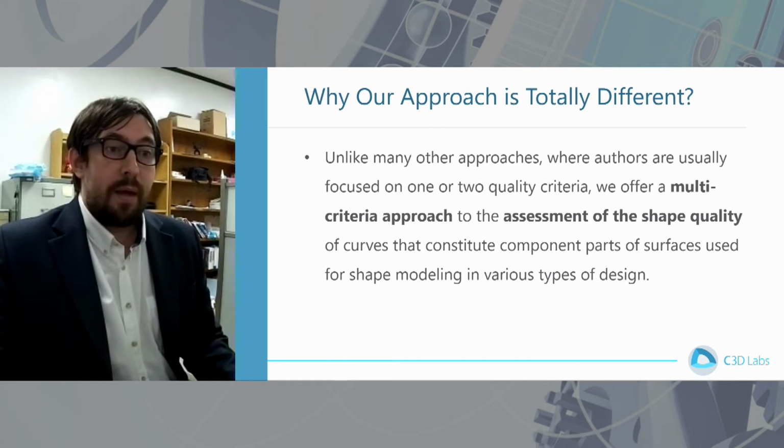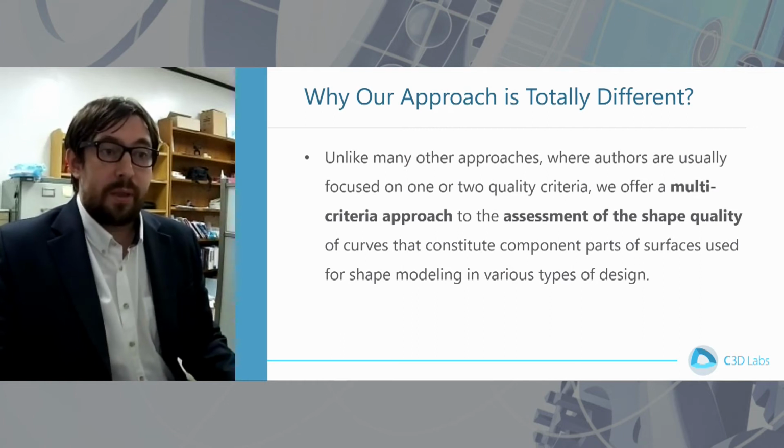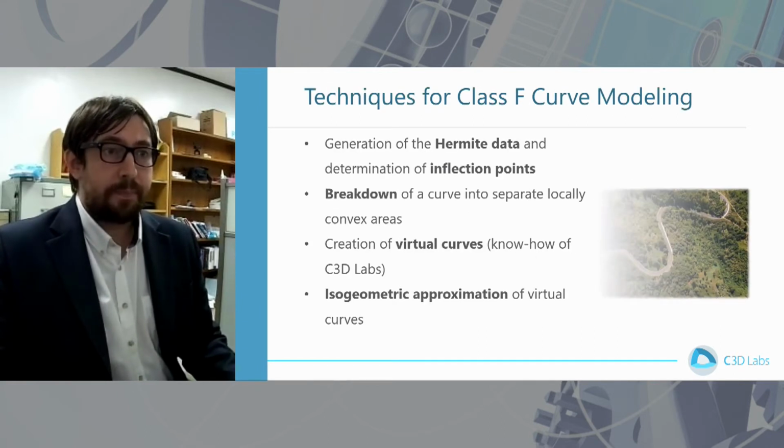Unlike many other works where authors are usually focused on one or two quality criteria, we offer a multi-criteria approach to the assessment of the shape quality of curves that constitute component parts of the surfaces used for the modeling of object shapes in various types of design.